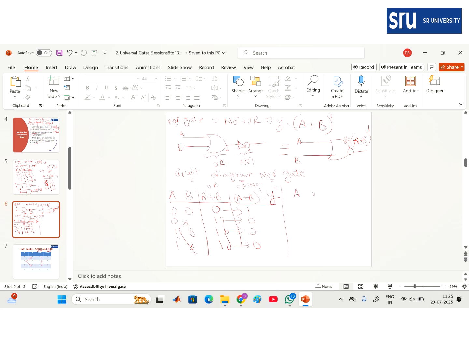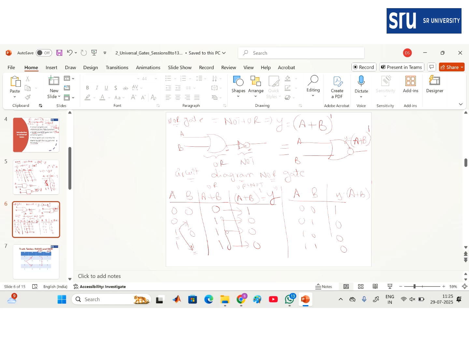So the overall truth table: Y equals A plus B whole bar, with inputs 0 0, 0 1, 1 0, 1 1, and the outputs are 1, 0, 0, 0.